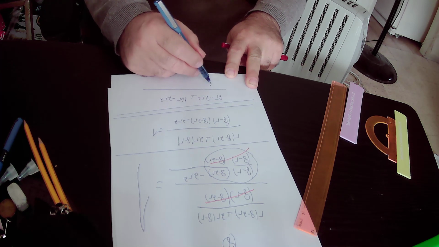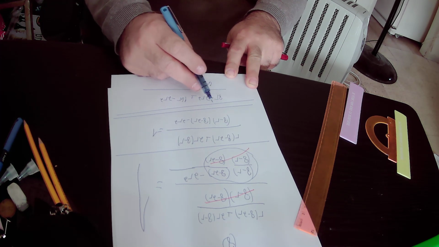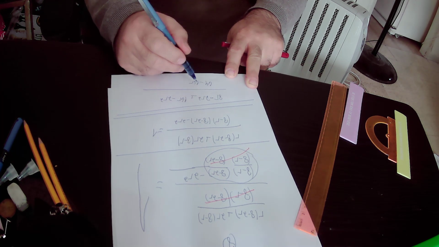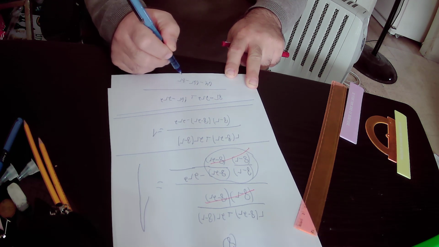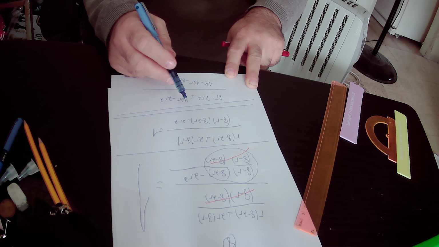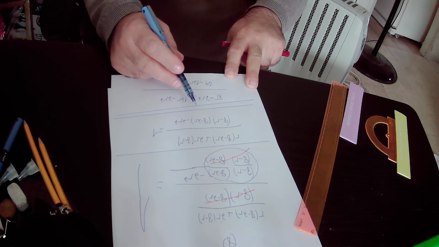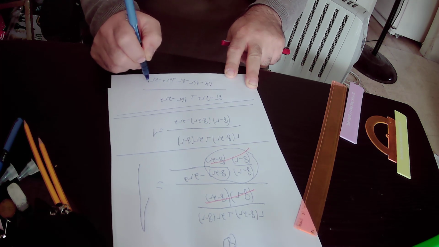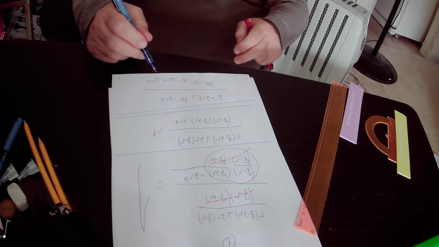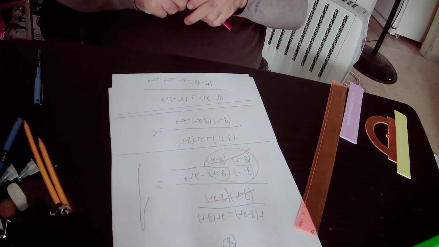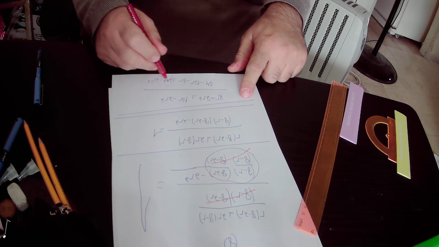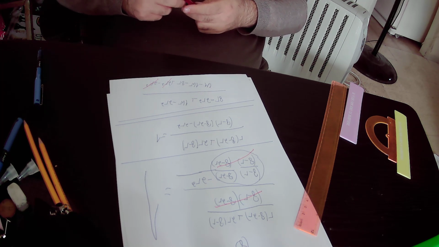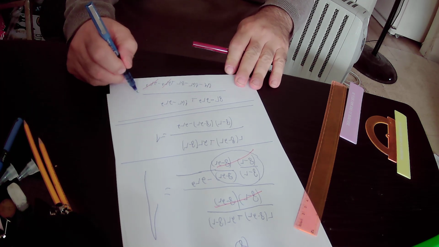8 times 8 is 64, 8 times minus 2r is minus 16r, minus r times 8 is minus 8r, and minus r times minus 2r is plus 2r squared minus 2r squared. Actually 2r squared minus 2r squared is 0, so it will get cancelled, and all equals to 1, of course.